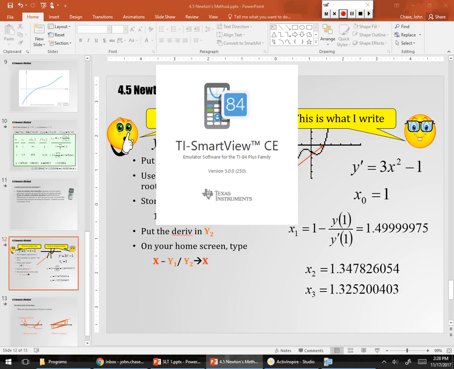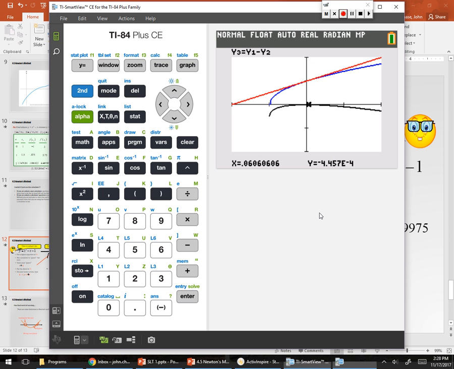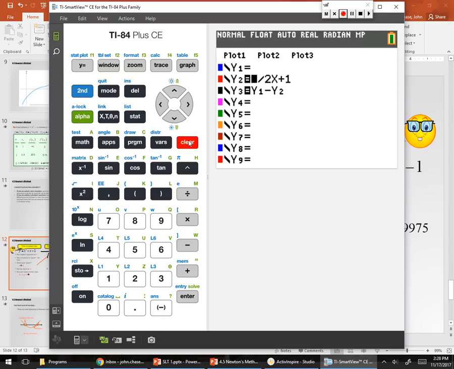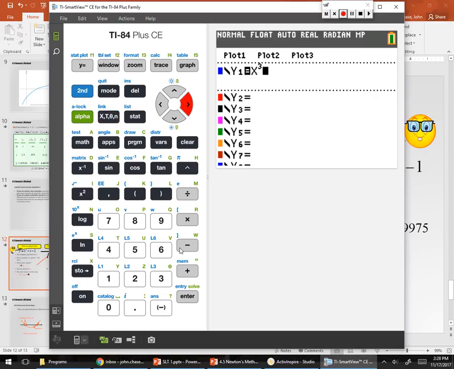After like 3 or 4 iterations, you've done like a million iterations, right? Minus x minus 1.